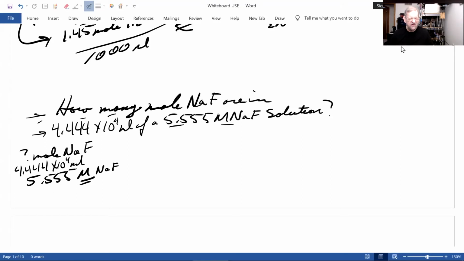And as soon as you see capital M, that's molarity, you know that really means 5.555 moles sodium fluoride per 1,000 milliliters. So the only thing I have to start with is my milliliters.